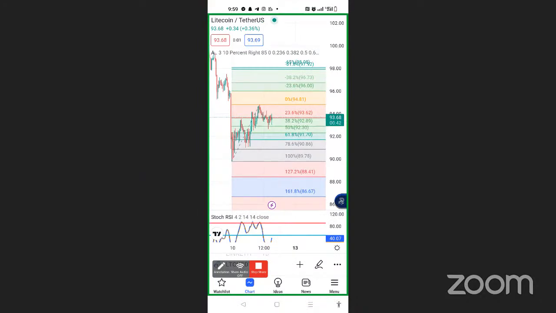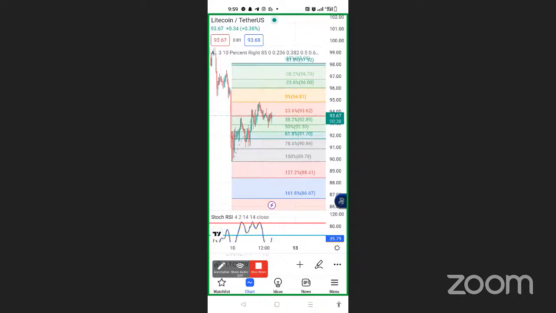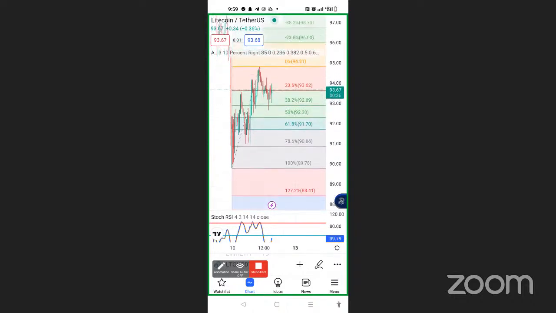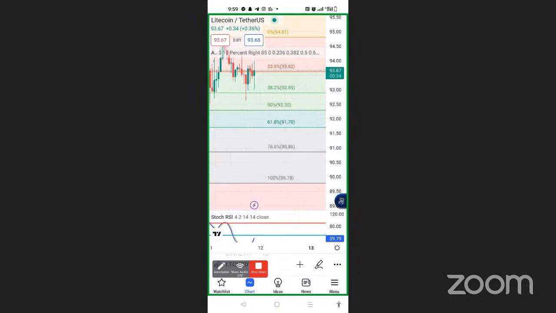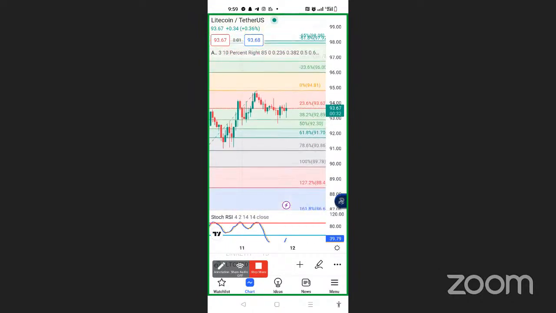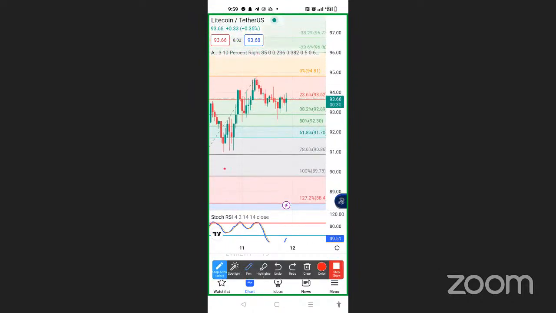Now, let's talk about important areas of market retracement. On an uptrend, we expect that when the market moves from 100 to 0, it has to retrace at the 38.2 line, or the 50, or the 61.8.